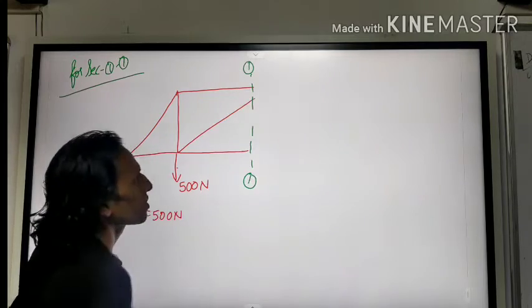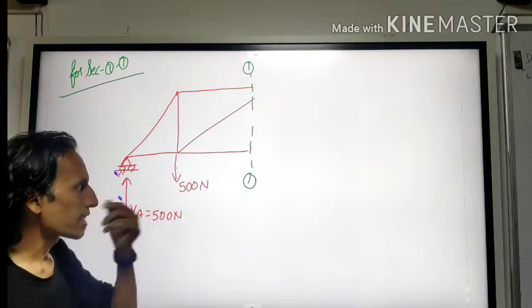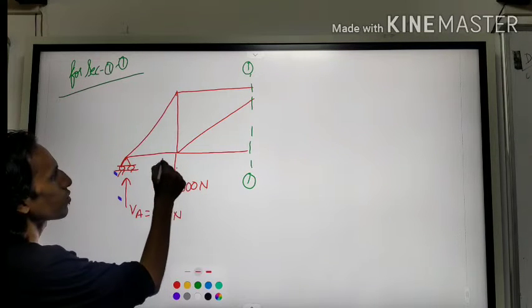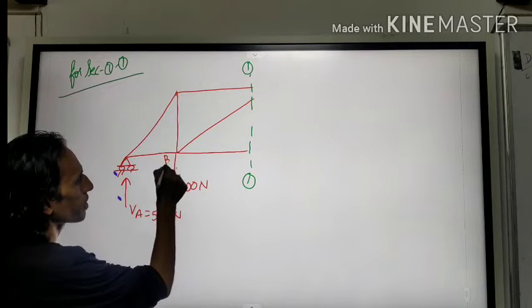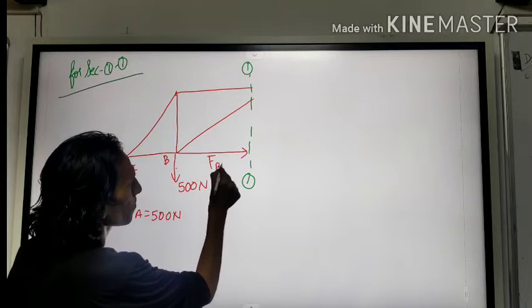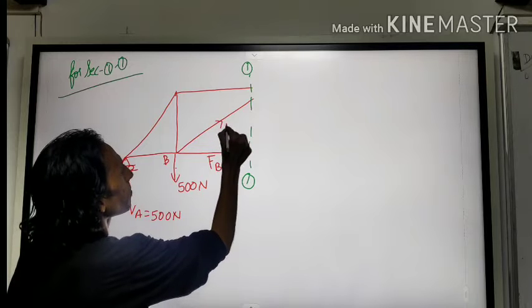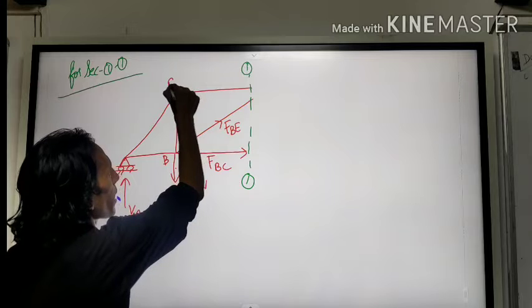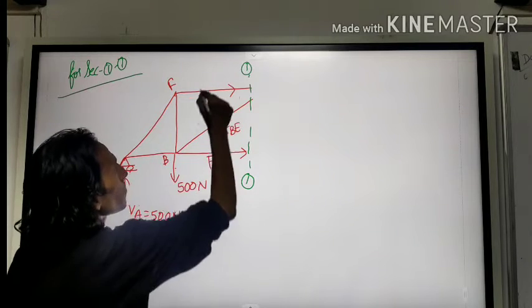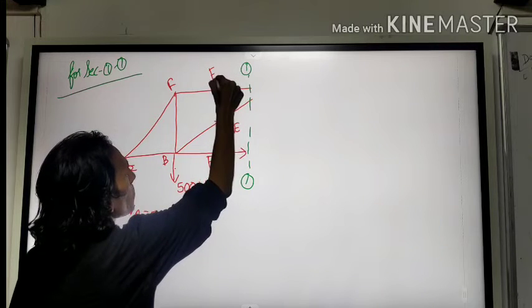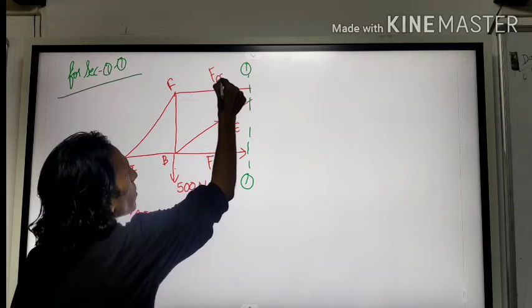This was point B, this was FBC, this will be FBE, and this force was FE.